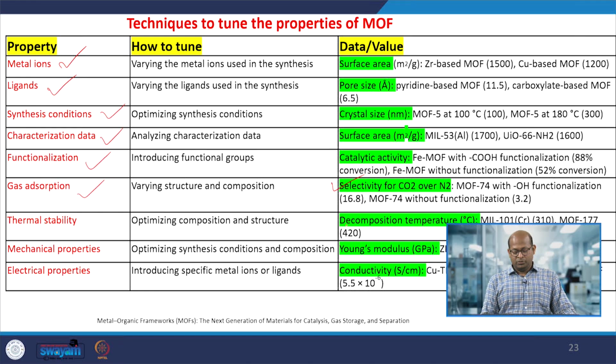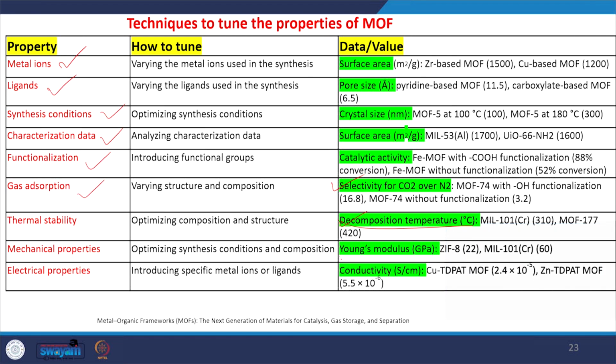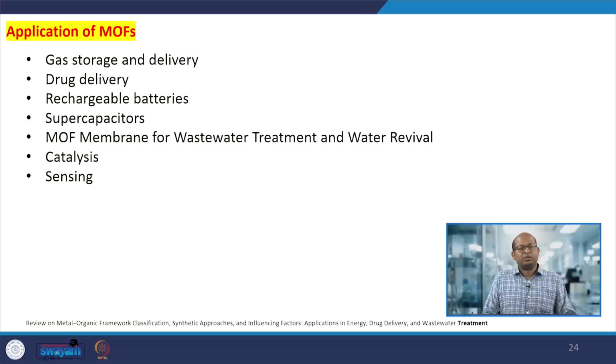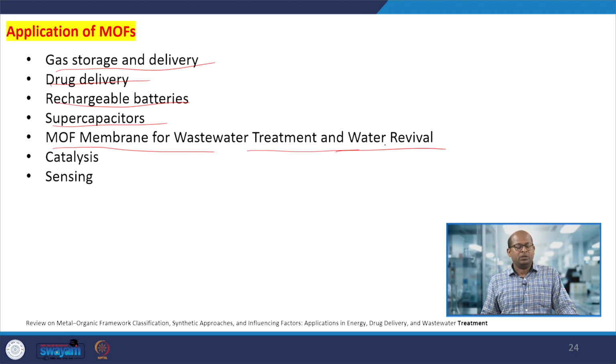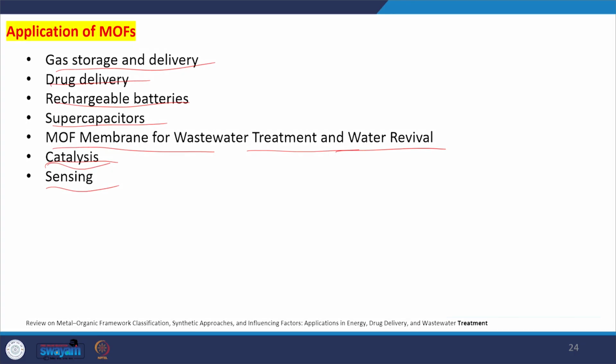Thermal stability also, and the mechanical and electrical properties would vary depending upon the particular precursors and reaction conditions we are using. So here are the applications, where we can use MOF: gas storage, gas delivery, drug delivery, rechargeable batteries, supercapacitors, MOF membranes for wastewater treatment or water revival. There we can use a particular MOF, and also in catalysis and sensing, for particular sensor preparation.